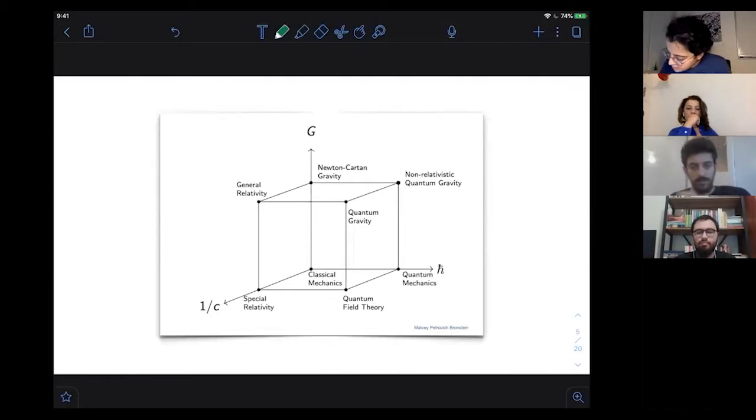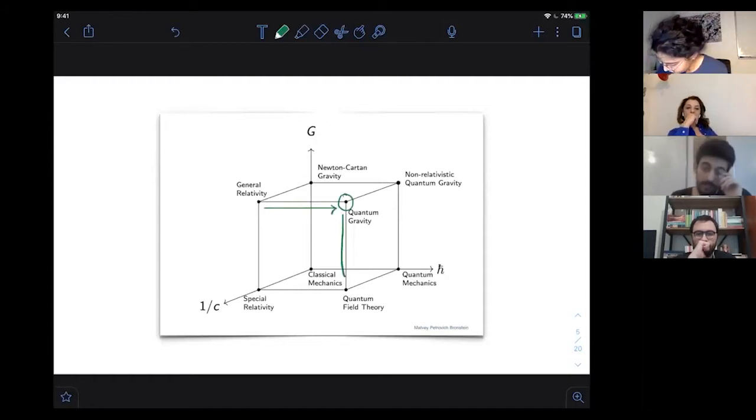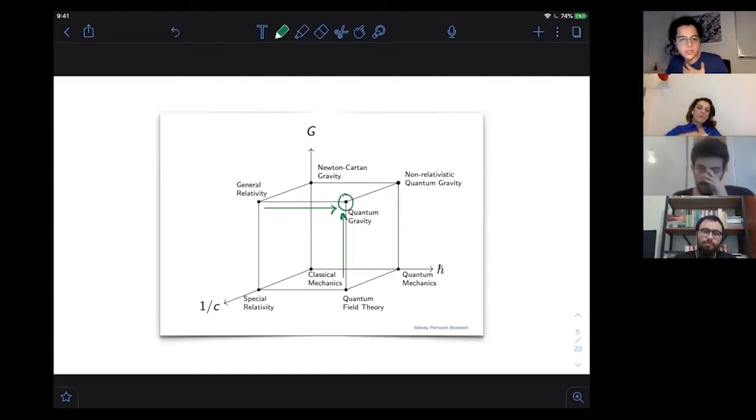The final thing is that we want to approach quantum gravity, right? But there is one way you can go from general relativity, or you can go from quantum field theory. One technical question is that it's not guaranteed that these two arrows will converge to the same point, but okay, it's a general issue, I would say.